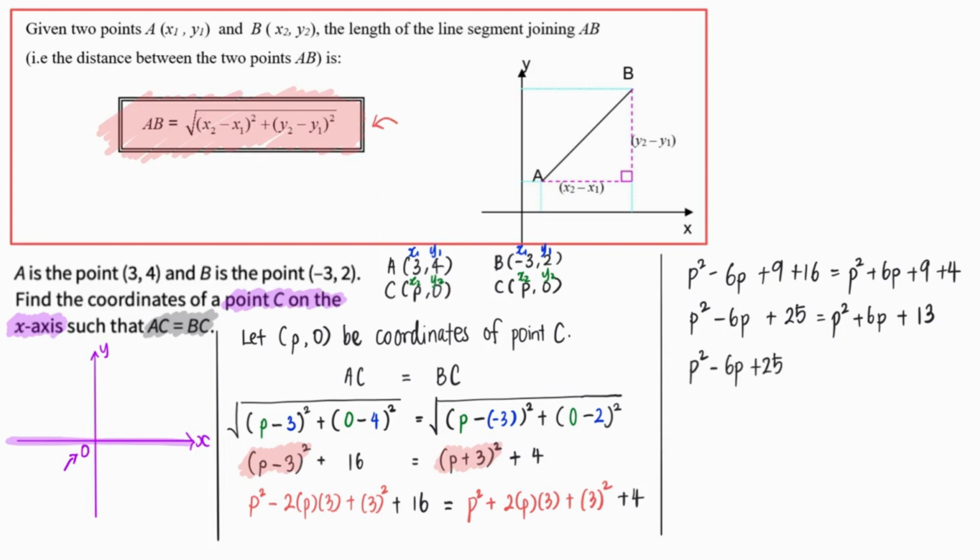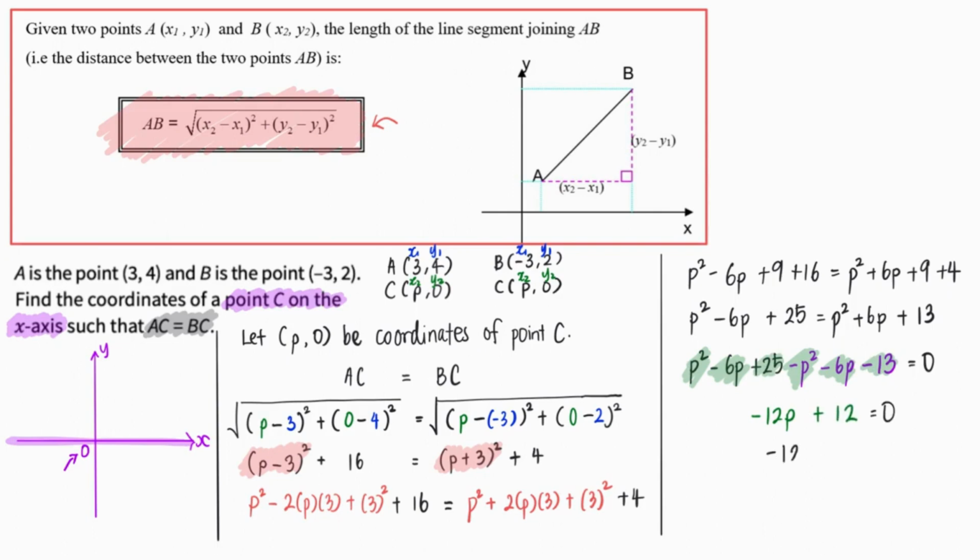I would also going to minus 6P on both sides and minus 13 on both sides, and let's see what we have. Okay, so the next thing would be P square minus P square is 0, negative 6P minus 6P, that will give me negative 12P. 25 minus 13, that will give me a positive 12, equals to 0, and I'm going to continue to solve for it.